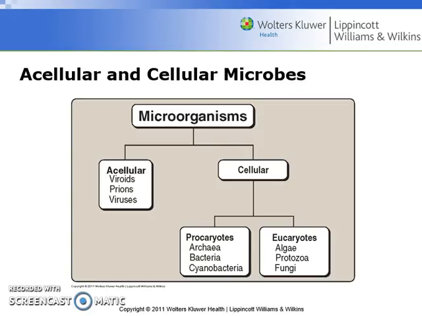Our cellular microorganisms are classified into the two groups of prokaryotic organisms and eukaryotic organisms. With the prokaryotic organisms, we have members of the archaea group, and another term that's used to classify these different groups is called a clade. So the archaea clade falls into this category of prokaryotic organisms. We have the bacteria clade, which our whole course is going to focus primarily on.